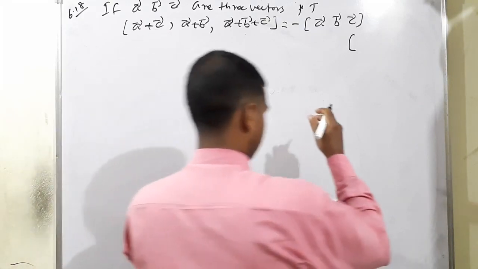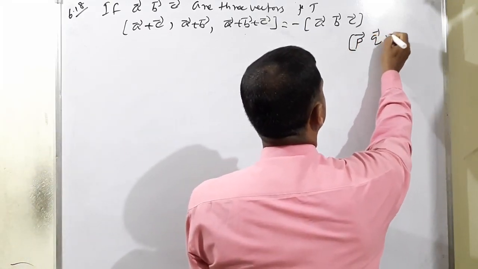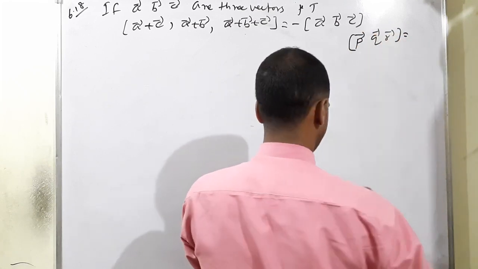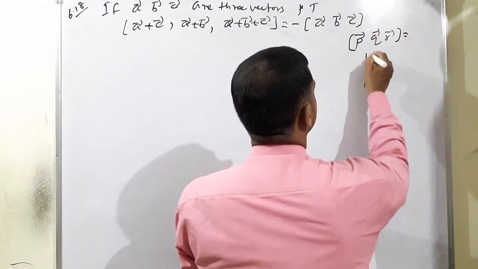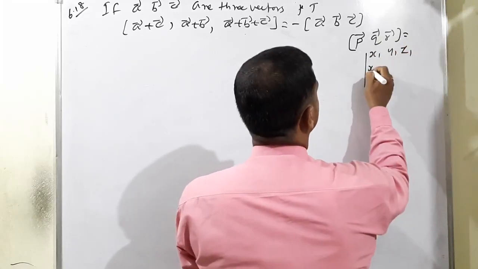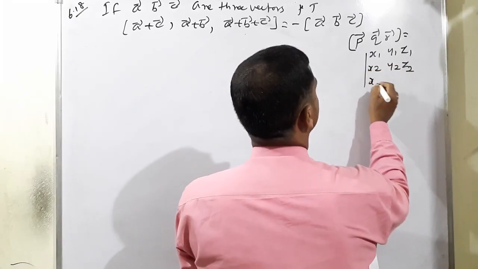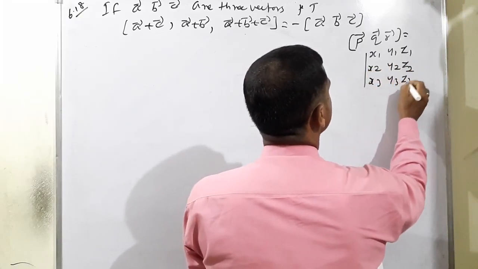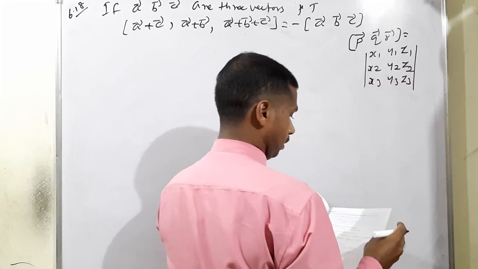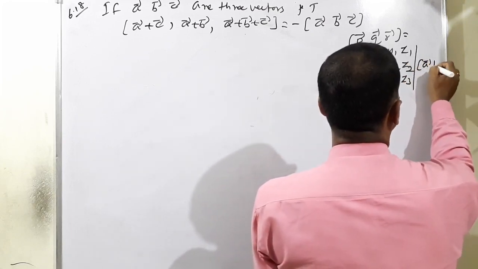The condition: box product of P vector, Q vector, R vector is equal to the determinant x1 y1 z1, then x2 y2 z2, then x3 y3 and z3, times the box product of A vector, B vector and C vector.